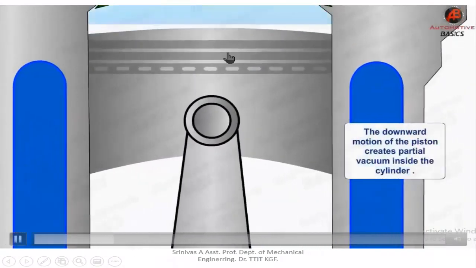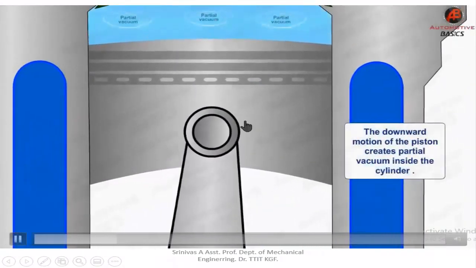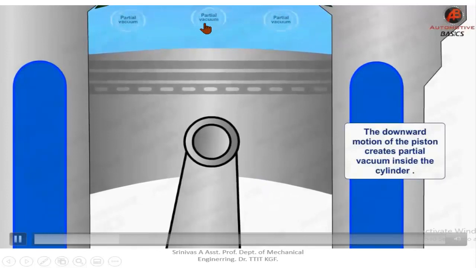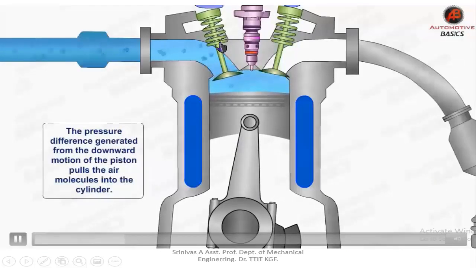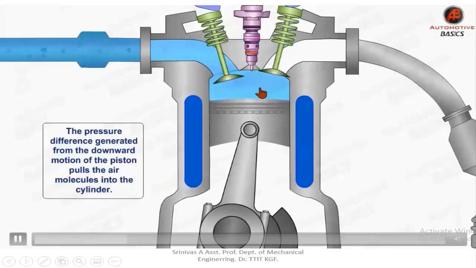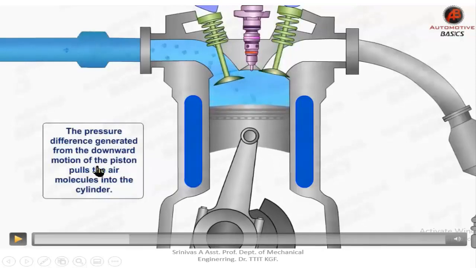When the piston starts moving from TDC to BDC, a partial vacuum is created inside the cylinder. At the same time, the inlet valve is opened and only fresh air enters. Unlike the petrol engine, where an air-fuel mixture enters, in the diesel engine only fresh air enters the cylinder.